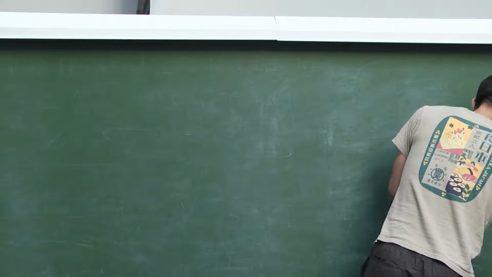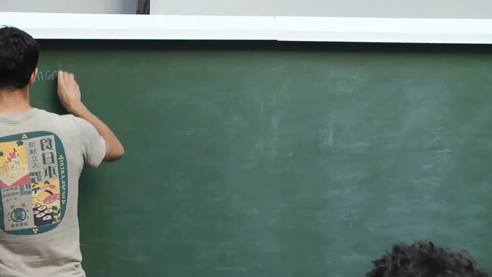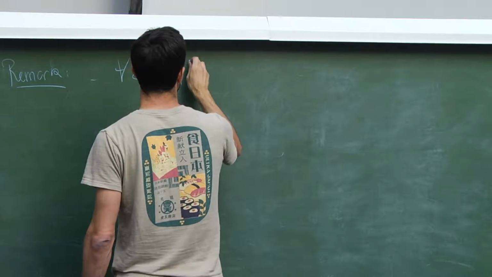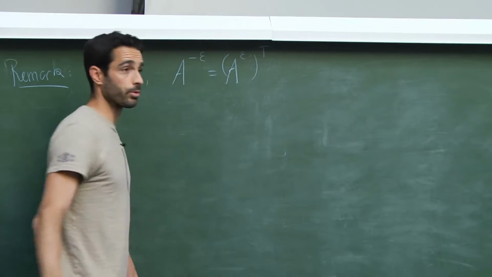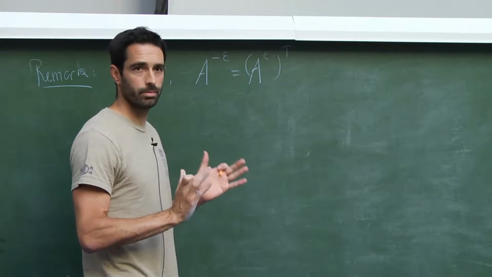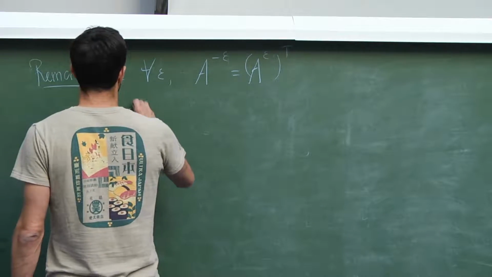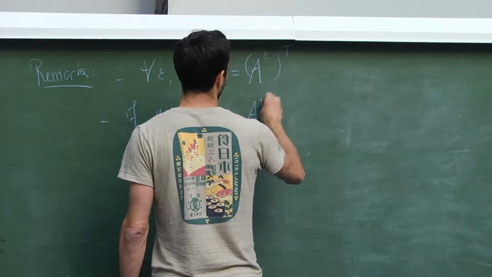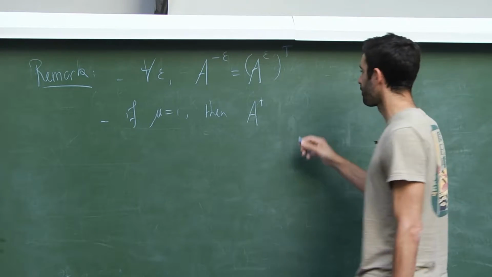For exactly the same reason, for any epsilon, A minus epsilon is equal to A epsilon transposed. So really you have 2 to the power mu minus 1 different ones. And the other remark is if mu is equal to 1, then A plus is a Seifert matrix and A minus is its transpose.